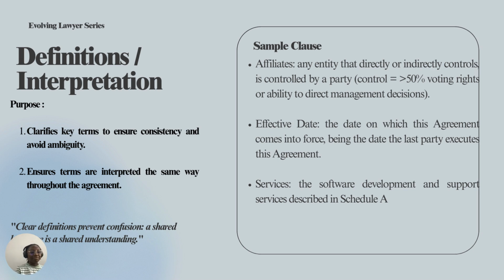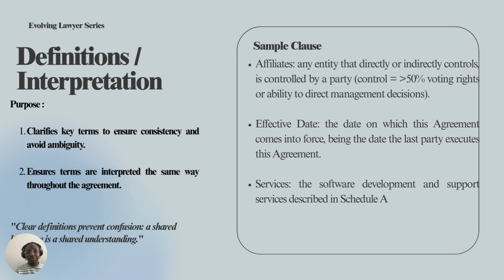They want to define affiliates as those having 20% or more voting rights. Then there's a misunderstanding. That is why you have to take note of the definitions section. You have to pay attention to it to ensure that whatever you're defining has been agreed between both parties so that tomorrow you're on the same page.